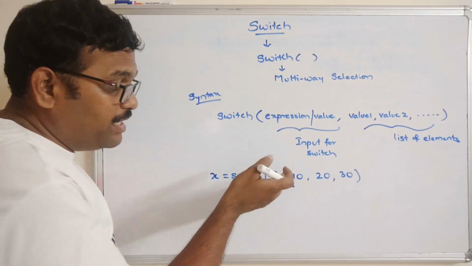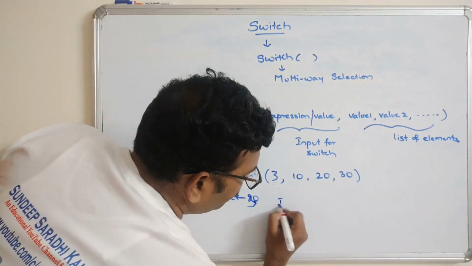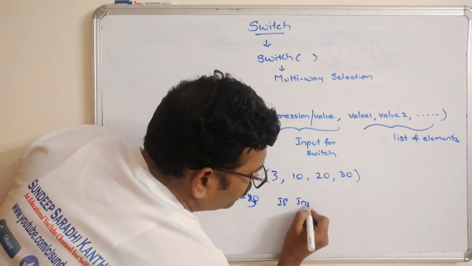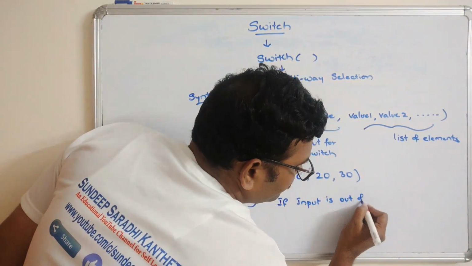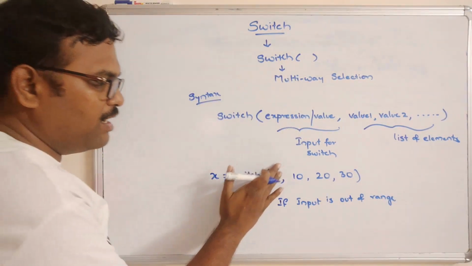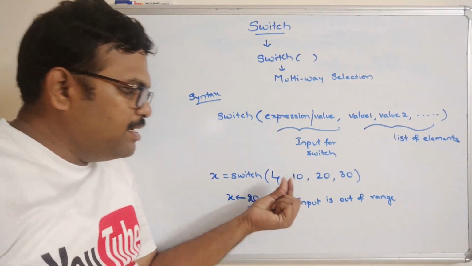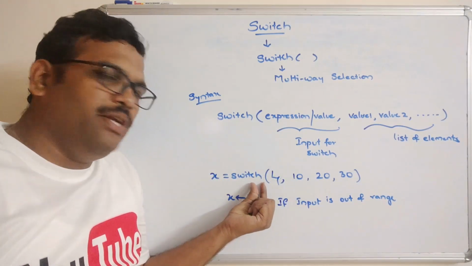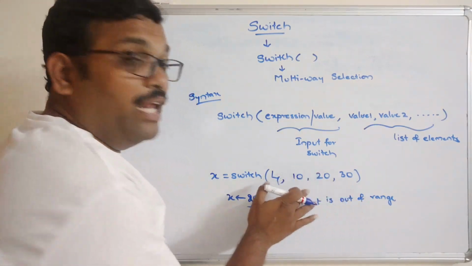So what happens if the input is out of range? What does out of range mean? For example, here I have given 4. That means the switch function will return the 4th element, but we have only 3 elements.